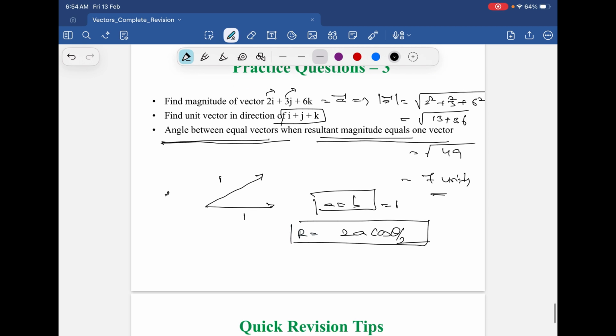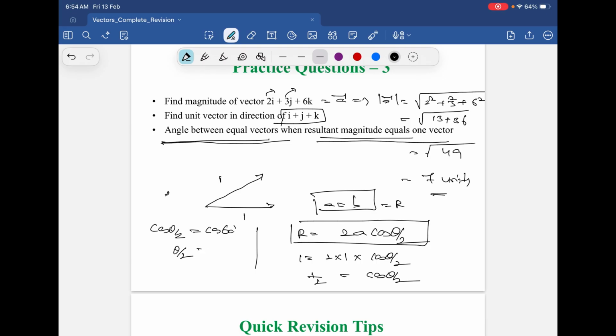So a is equal to b is equal to r. If all of them are equal, you can take any value, it doesn't matter. So 1 is equal to 2 into 1 into cos theta by 2. So 1 by 2 is equal to cos theta by 2. For what angle does this become 1 by 2? 60 degrees. So cos theta by 2 becomes equal to cos 60.